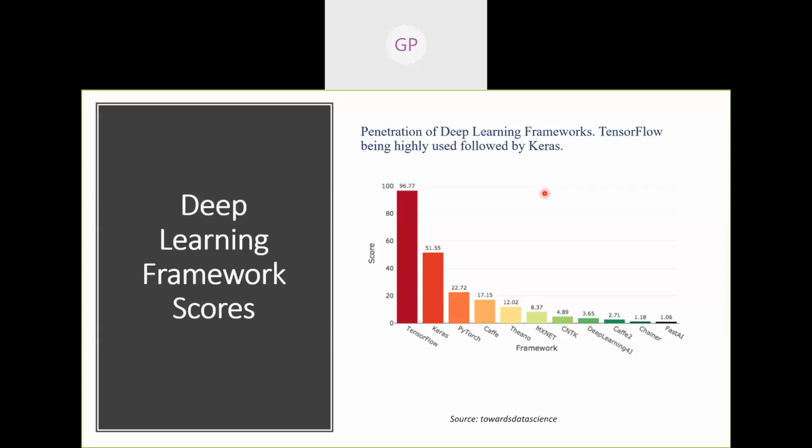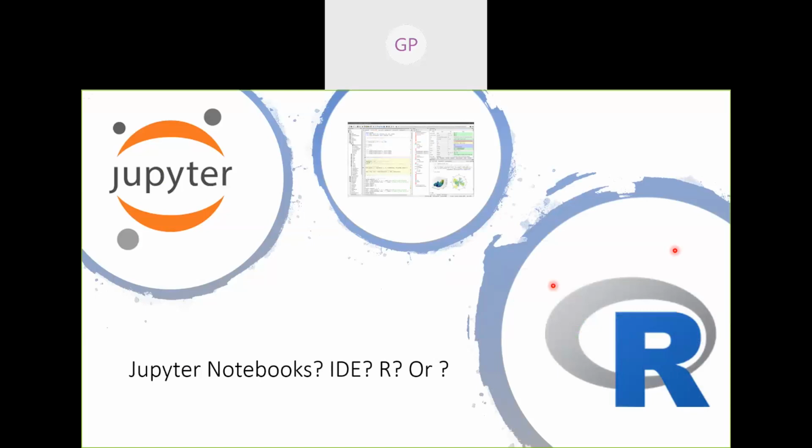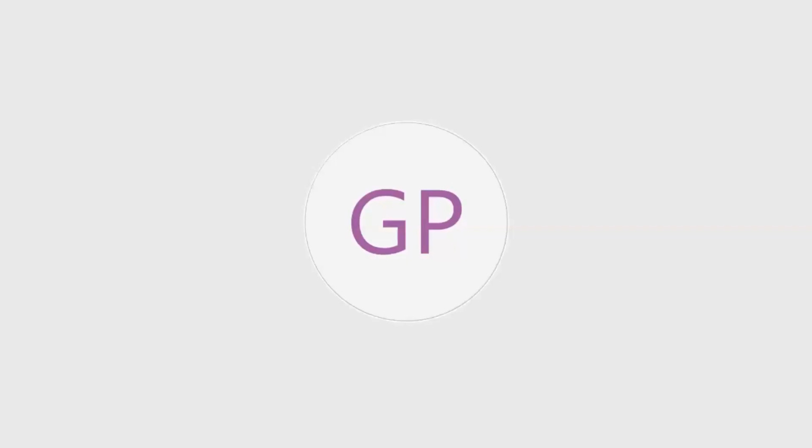This is the scoring which I obtained from Towards Data Science. I'll move on to the next one. What do we use? Jupyter notebooks, IDE, R, or something else? My preference has always been Spyder, creating the Python code directly from scratch in Spyder.